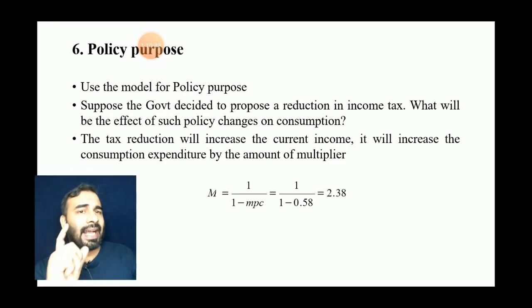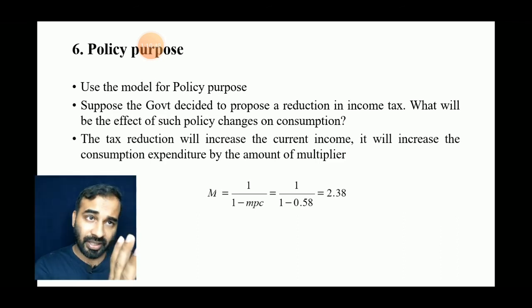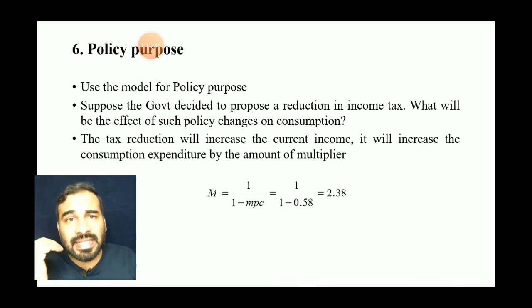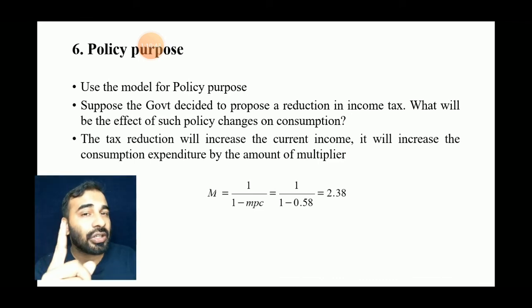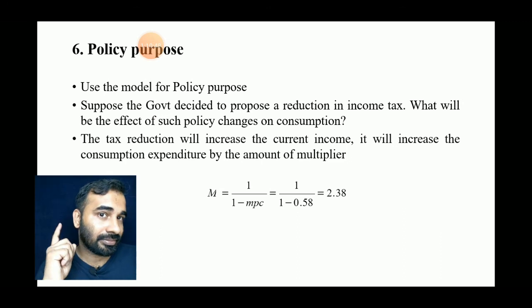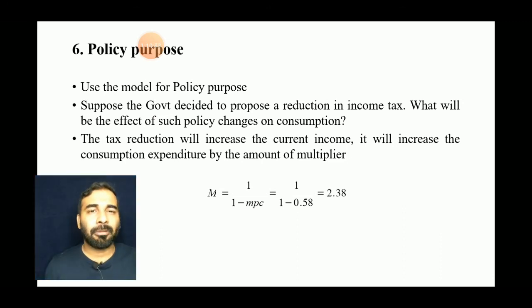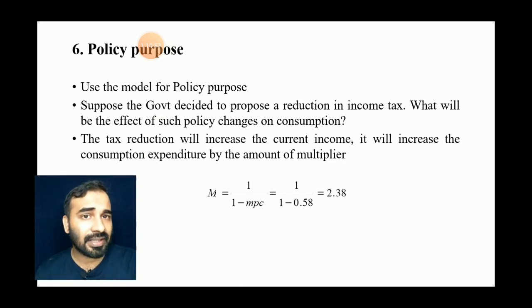As we know, a tax reduction will increase the current income, and it will increase the expenditure by the amount of the multiplier. You might have learned the government purchase multiplier and tax multiplier. I hope you have read at least Gregory Mankiw's macroeconomics, the basic IS-LM part, in which he defined the multiplier.